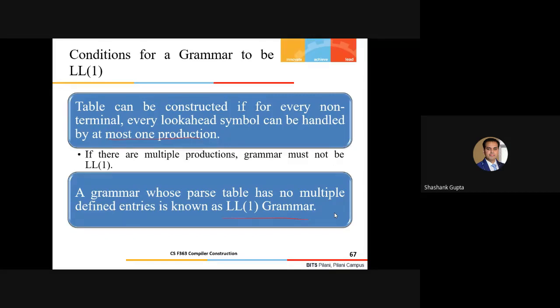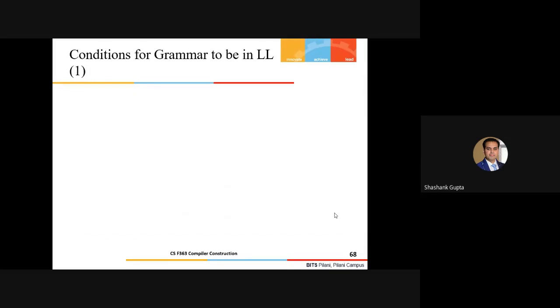The other way out is this. Suppose in your grammar you have productions of this form, obviously a type 2 grammar, where A is a single non-terminal and these different alphas could be any string of terminals and non-terminals.